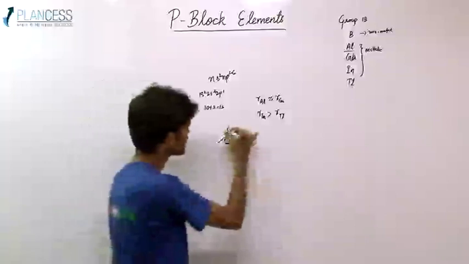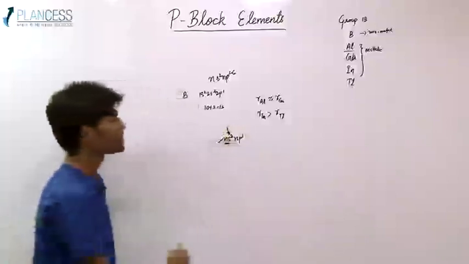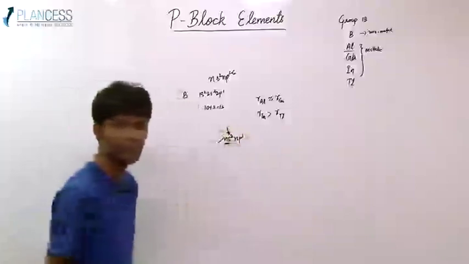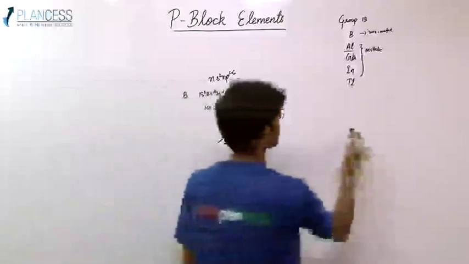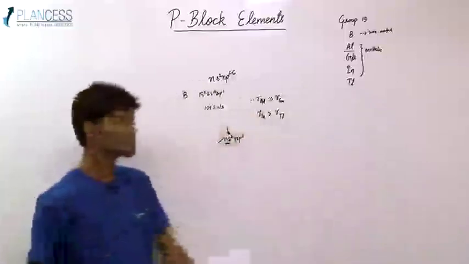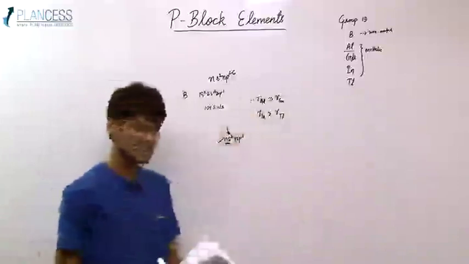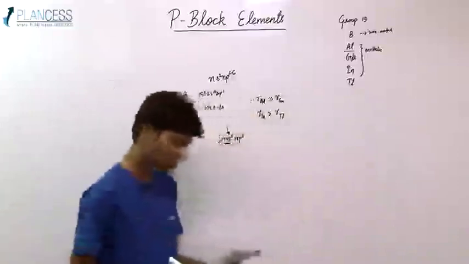These s electrons do not participate in bonding, and therefore the +1 oxidation state is more stable for indium and thallium. This is also known as the inert pair effect. Because of increased nuclear charge, the valence electrons cannot participate in bonding.